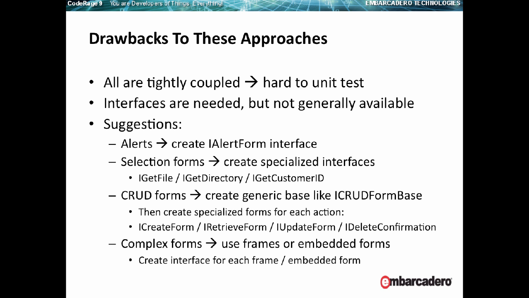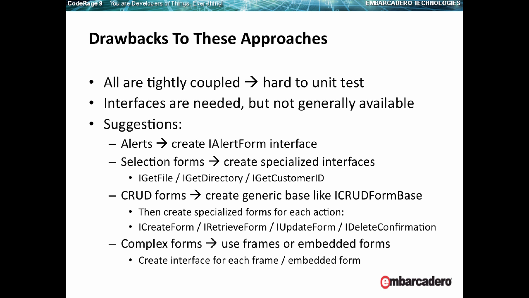Well, we've got 4 types of forms we're working with here. So we could create interfaces specialized for each one of them. For the alerts, we can create an IAlertForm interface. And when you pull up the code associated with this, you'll see that I've already done that, and it's got some methods in it. We can create some specialized interfaces for selection forms, so we'd have one for each type, maybe getFile, getDirectory, or say getCustomerID.